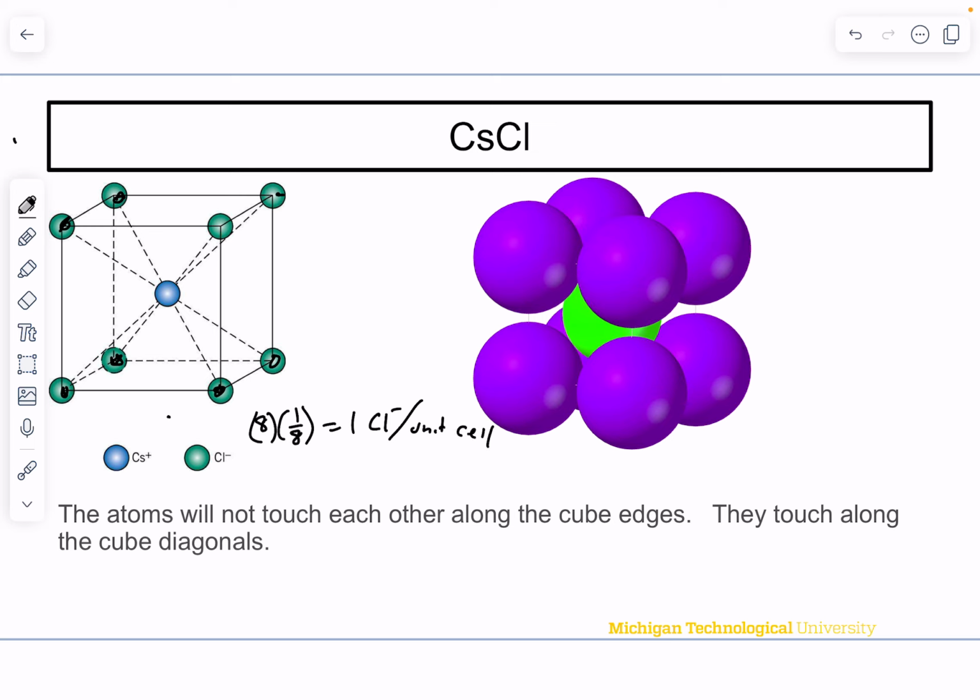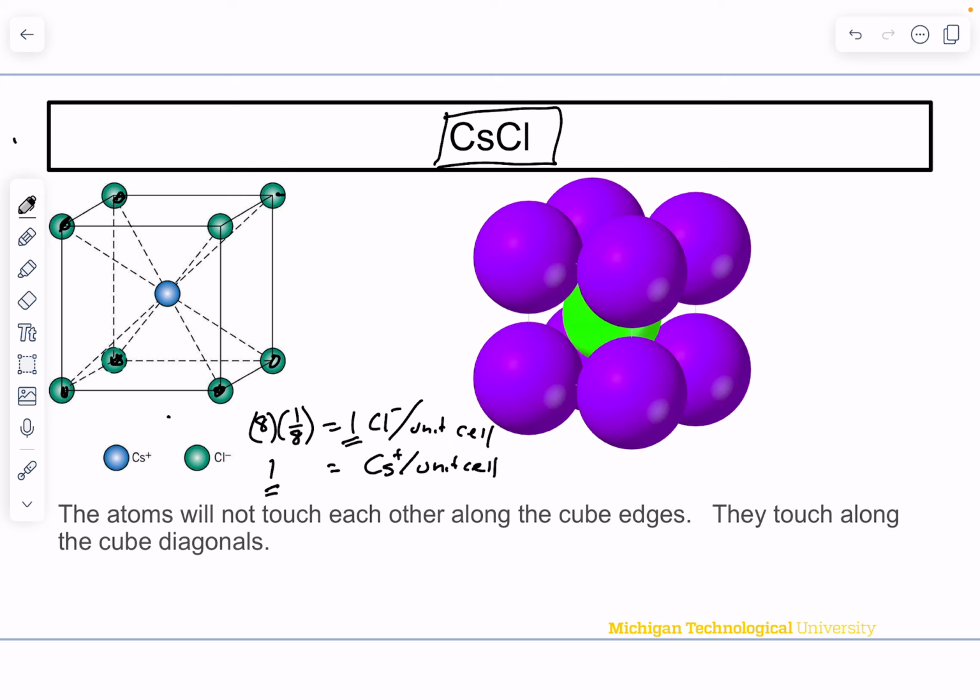And similarly, it's easier to instantly recognize that the number of cesium ions per unit cell, by inspection, is 1, because we can see that 1 in the body center. This makes sense because the ionic compound is cesium chloride, so we expect a 1-to-1 correlation of number of ions in the unit cell.